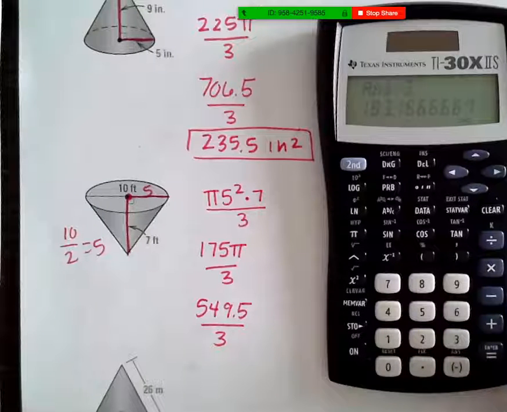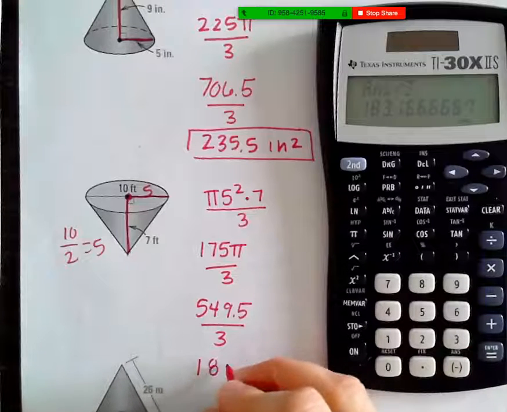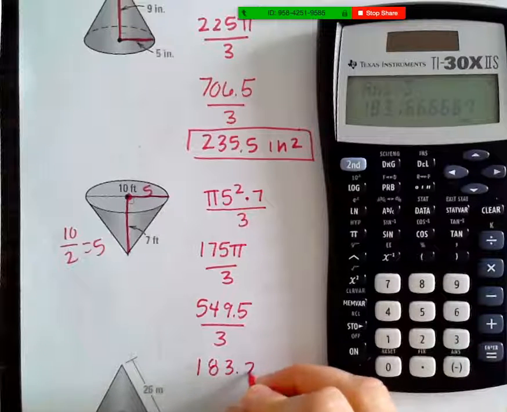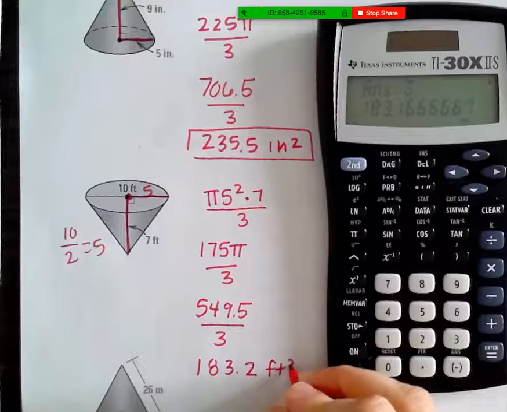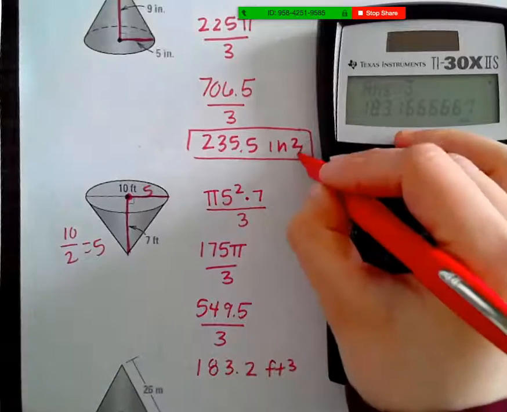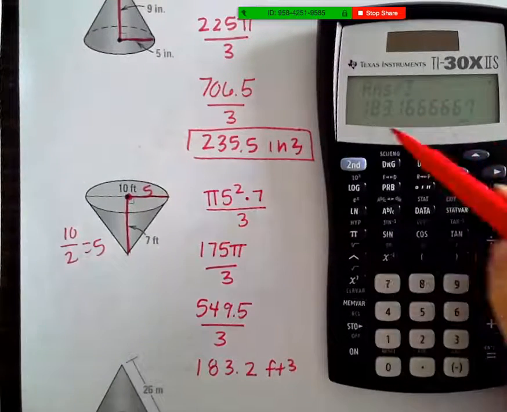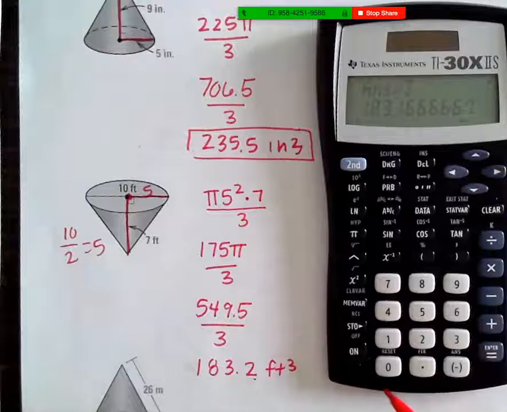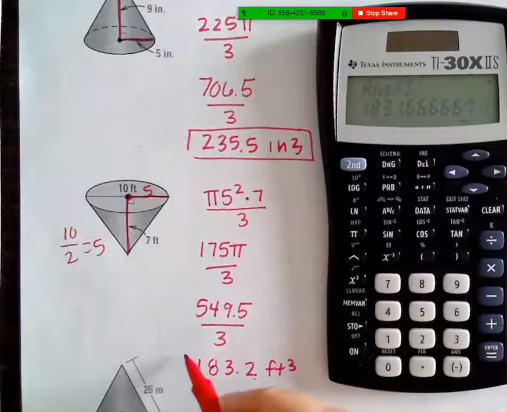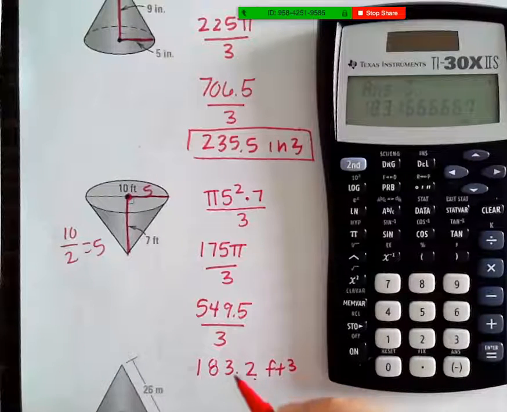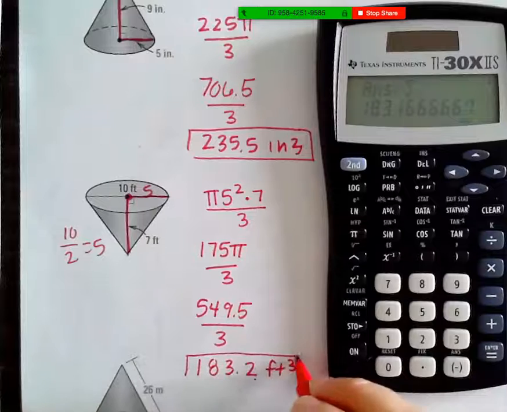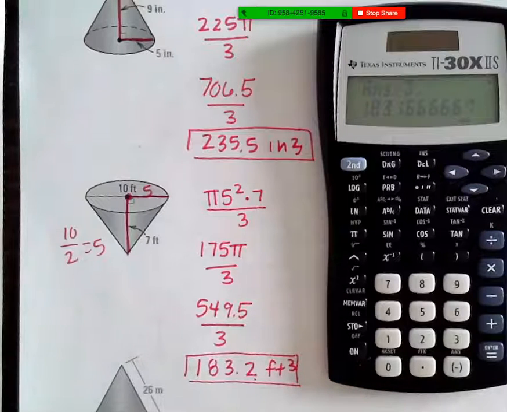Yeah, same one. Good job. I just rounded to 183.2. I got 183.2. That's okay. It depends if you used pi or 3.14. As long as you're close to this, we're okay.